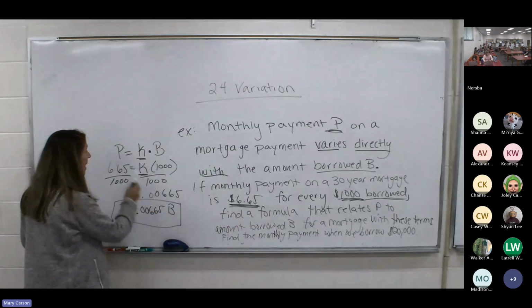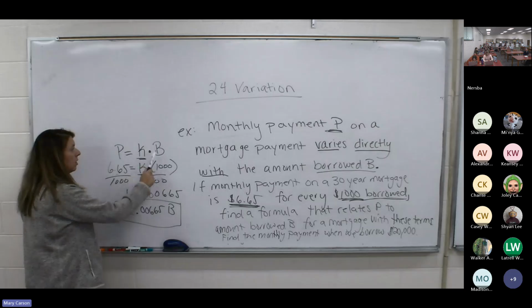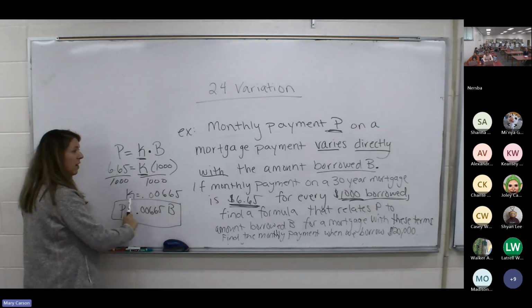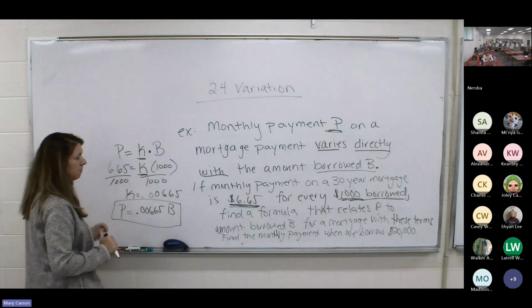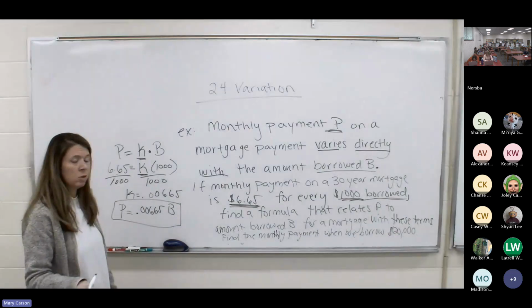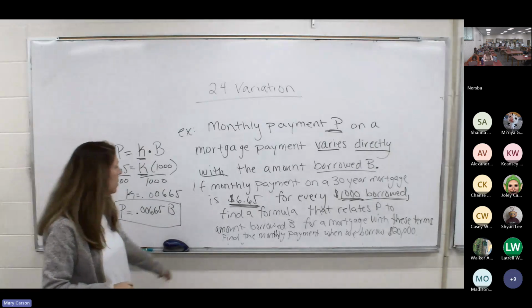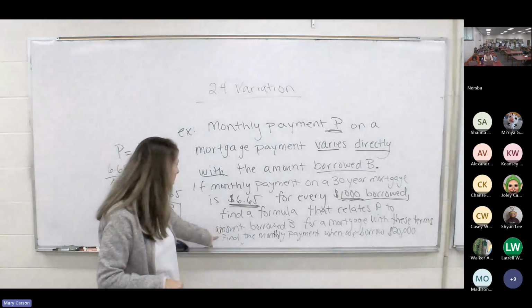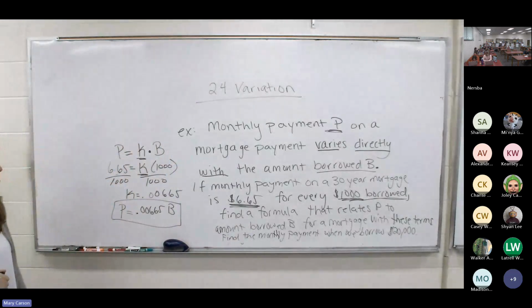And the way to find that every time is you plug in the value for P that they give you and the value for B, and you find your K value, and that value is then replaced back into the formula. Sometimes they don't ask for the formula, so sometimes you don't have to get the formula, depending on what the question is.